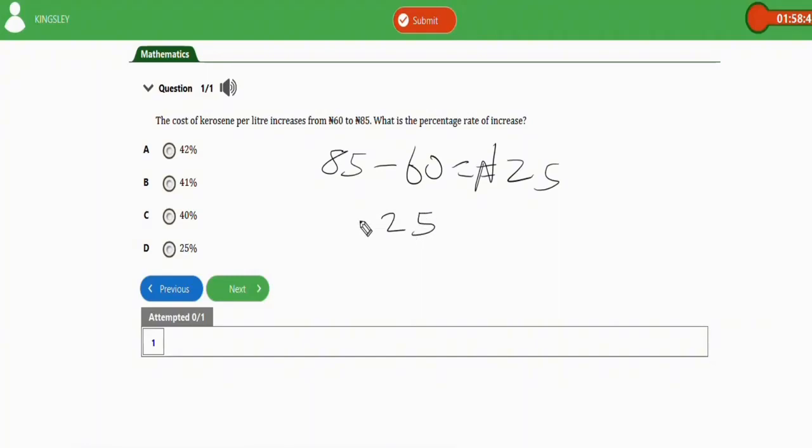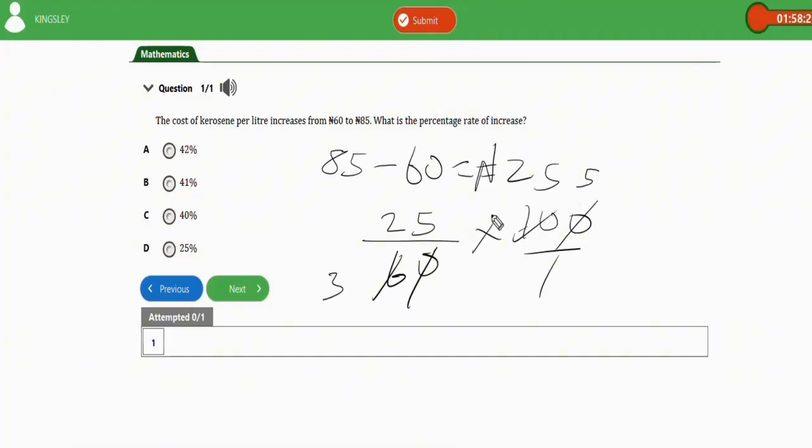this 25 naira over the initial amount, which is 60 naira, times 100 over 1. This will cancel this. Alright, so 2 into this 3, 2 into this 5. So we are left with, let's punch this on a calculator.